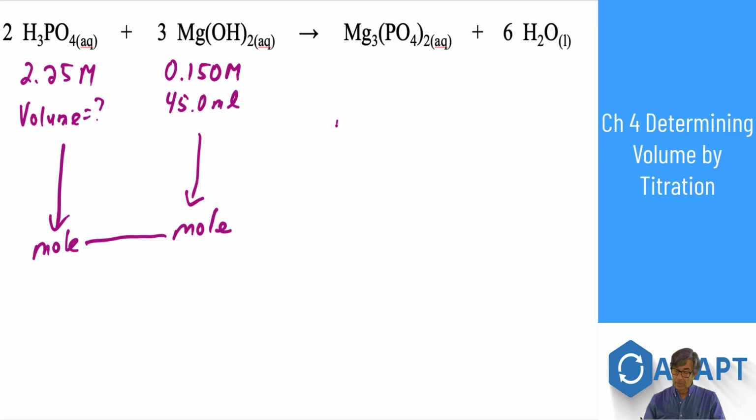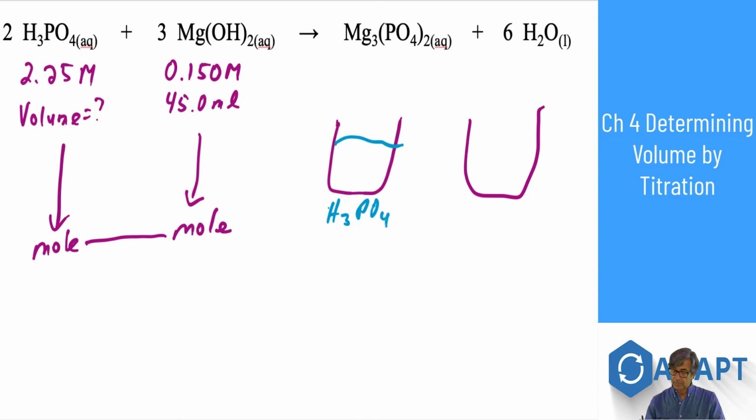So if we're going to draw this out, we have two beakers, in one of which we have the phosphoric acid, and in the other the magnesium hydroxide. In the case of the phosphoric acid, we have 2.25 molar of it.